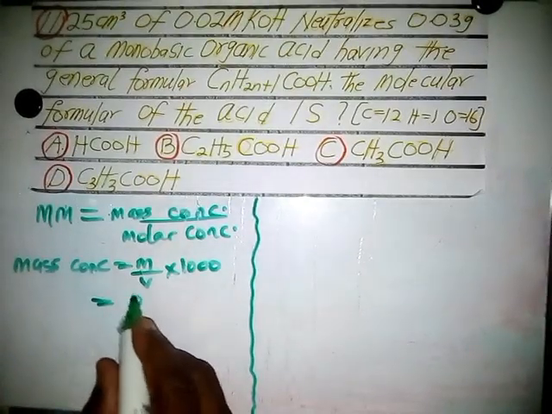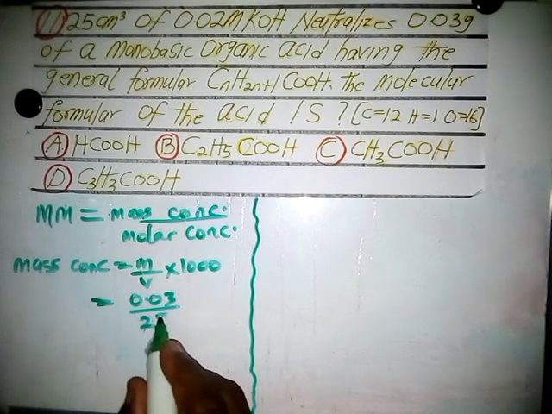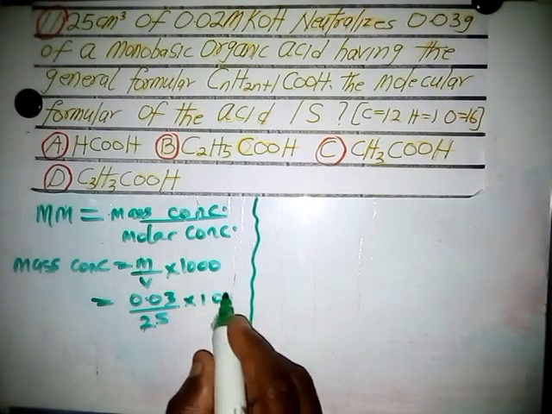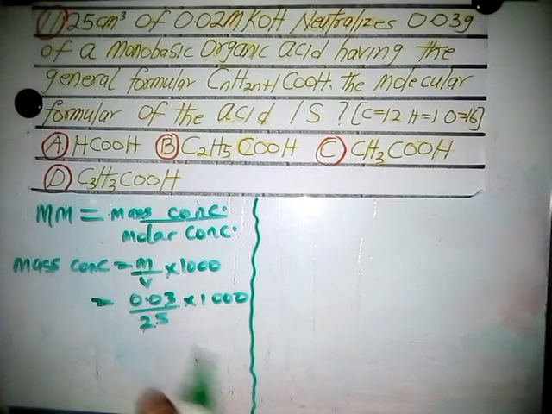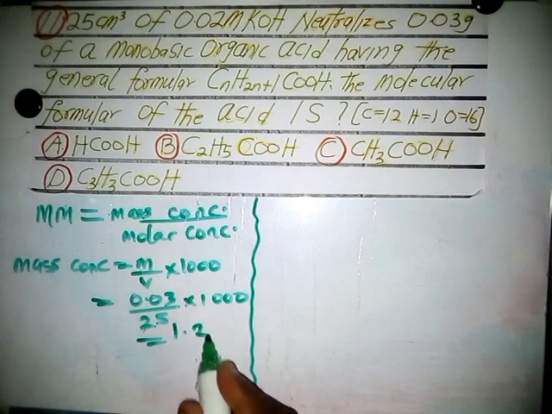The mass is 0.03 over 25 times 1000. When you multiply all that, you will get 1.2 gram per dm cube.